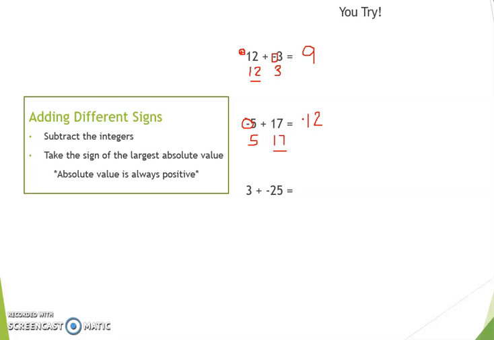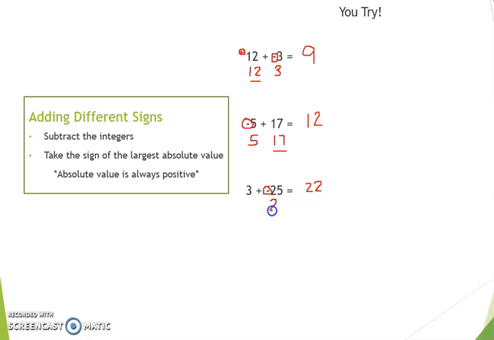All right. And then try positive 3 plus negative 25. Pause this video and see if you can solve. All right. So we have positive 3 plus negative 25. Our signs are different, so we are going to subtract. 25 minus 3 gives us 22. And then we're going to take the sign of the largest absolute value.